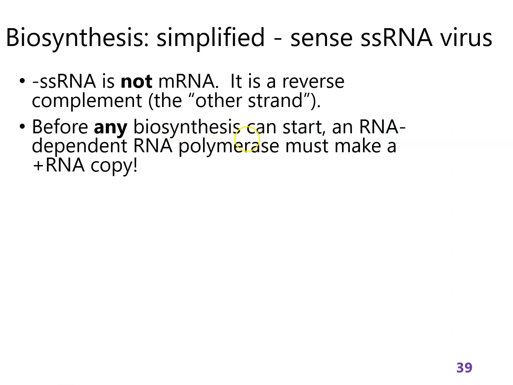So somehow this virus needs access to an RNA-dependent RNA polymerase at the very beginning, as soon as the virion uncoats. As soon as uncoating happens, it needs to already have an RNA-dependent RNA polymerase, because it can't rely on something it encodes to be made by the host cell. The host cell can't do anything with this.